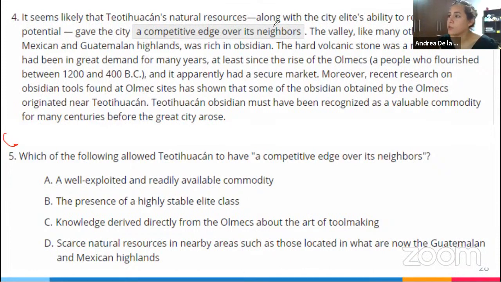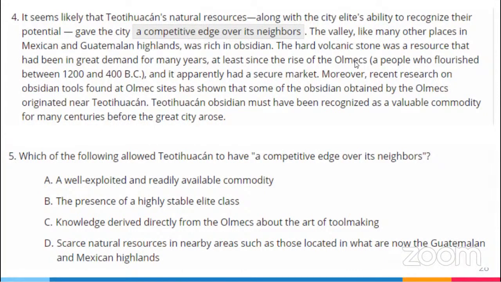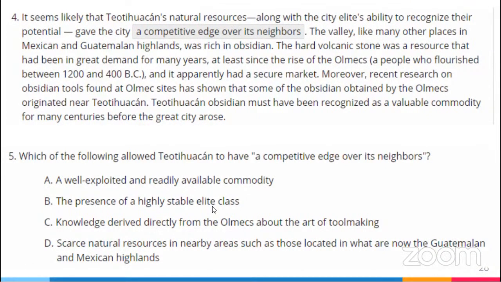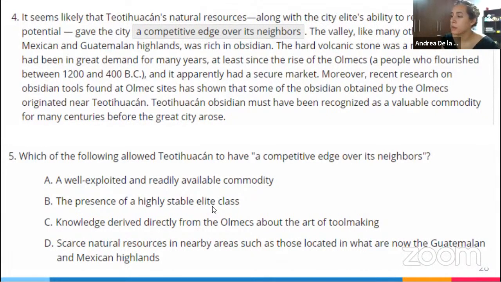Okay, guys. So what would you say the answer is? Maybe D. Right? Maybe B, you said, the presence of a highly favored class. D, all right, the scarce natural resources, okay. Anybody else?